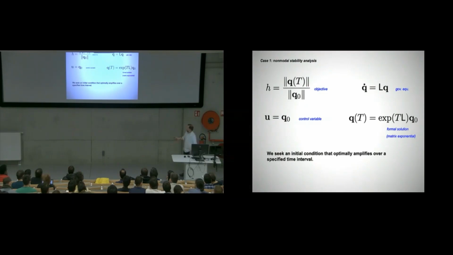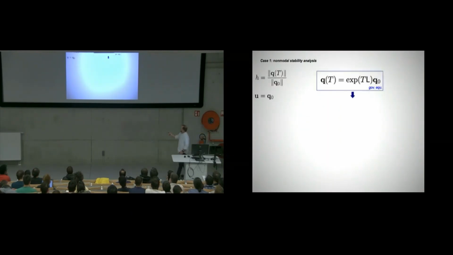Okay. So now my iterative scheme is actually not iterative anymore because I have a direct map. My forward integration, my governing equation, is now just an algebraic map between my initial condition and what comes out at the end of the integration. But I don't integrate, I just map.